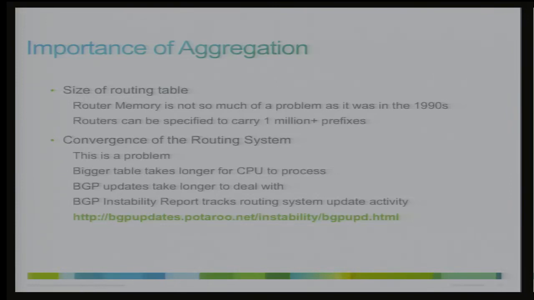But the requirements on the internet are also becoming more stringent. People expect faster convergence when things happen. So it's important to keep the routing table as small as we can, while at the same time achieving traffic engineering capabilities and other aspects, to reduce the CPU load and improve convergence time.